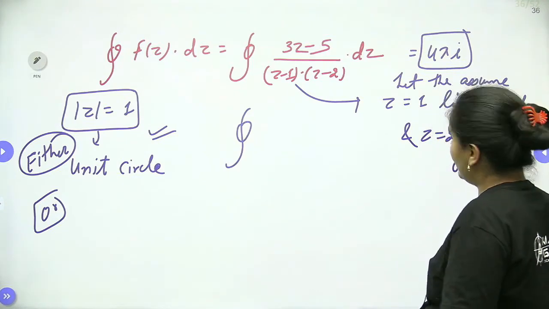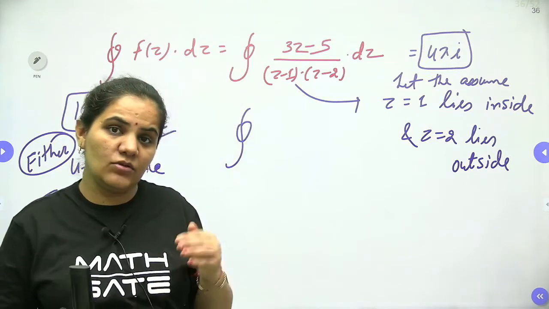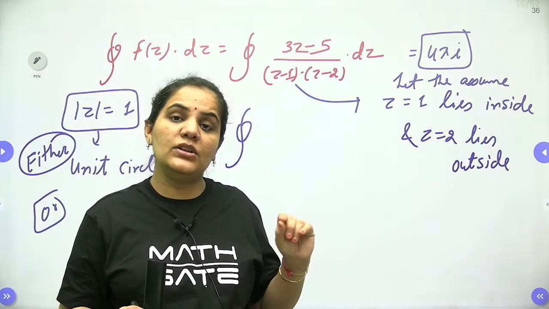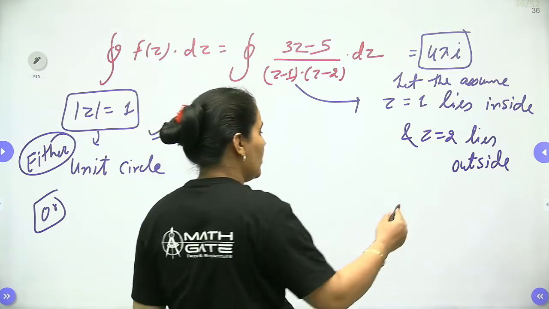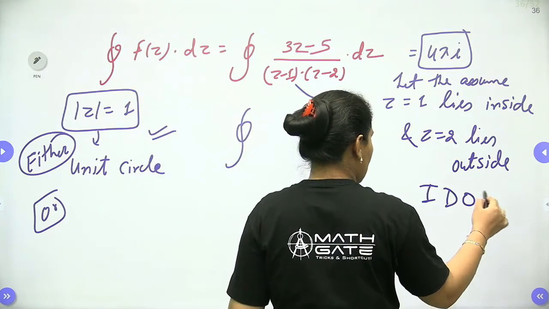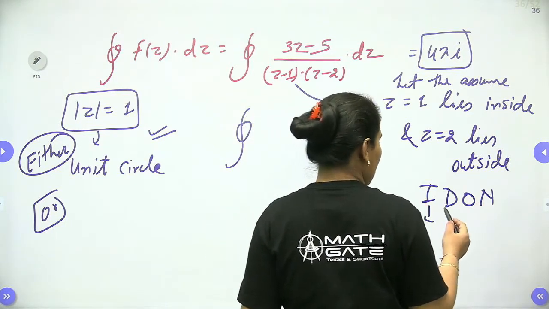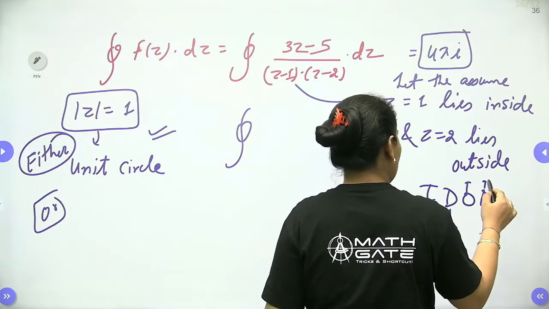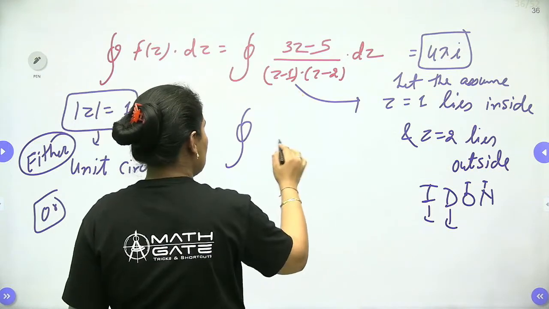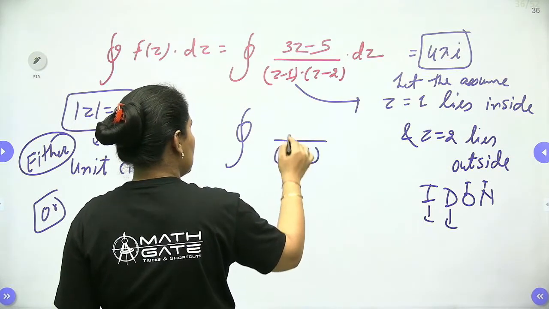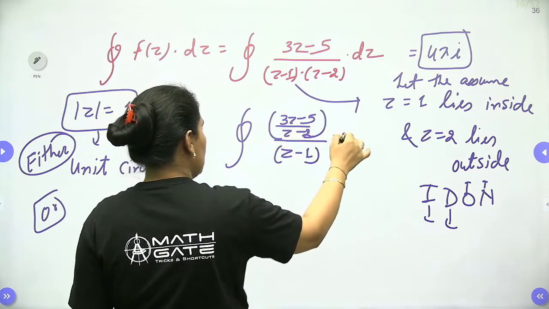As we know very well, whenever one point is inside the closed curve and the second is outside, we apply the ID on technique, meaning the point which is inside goes in the denominator, outside goes in the numerator. So z minus 1 is inside, so it will be (3z minus 5) by (z minus 2) upon (z minus 1), dz.